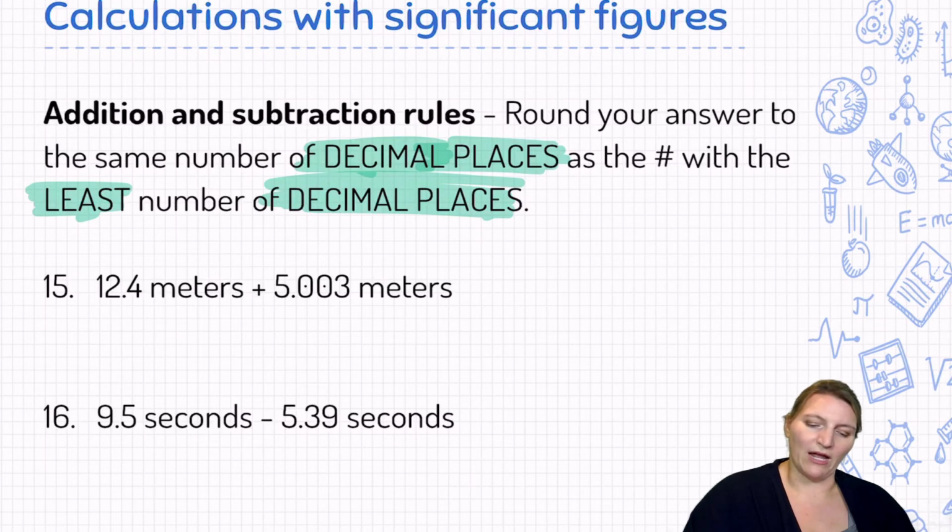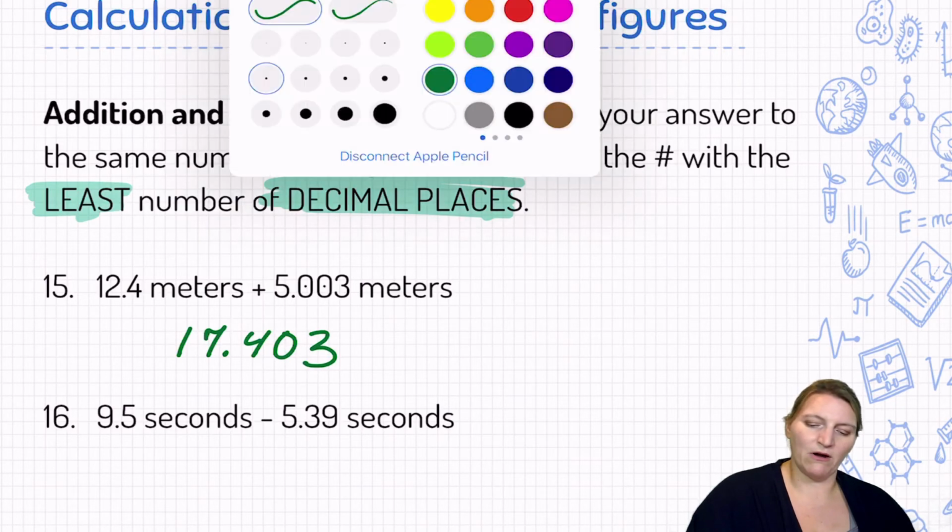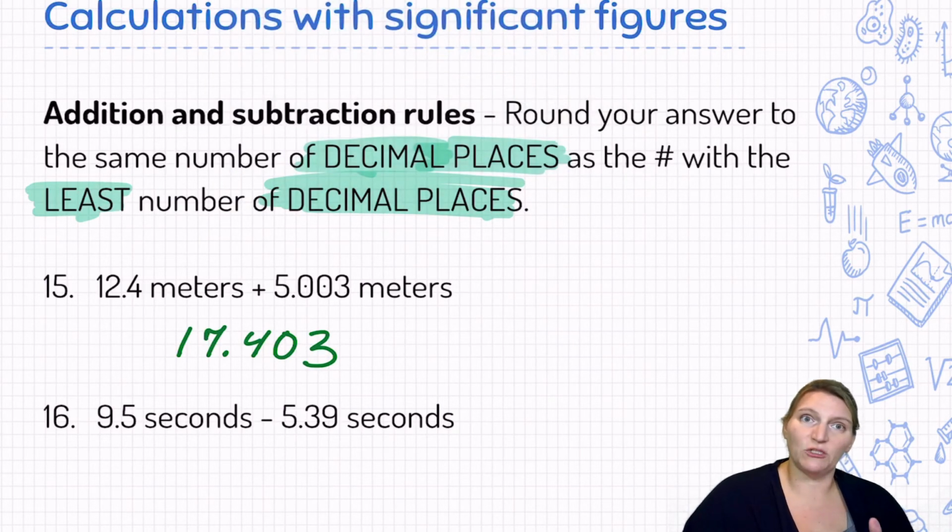So when I actually do this calculation, in my calculator, I'm plugging in 12.4 plus 5.003. The answer my calculator gives me is 17.403. And now I look at the number of digits past the decimal point. Significant, zeros, it doesn't matter. They all count.